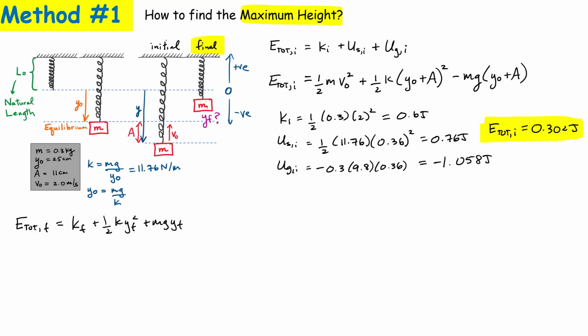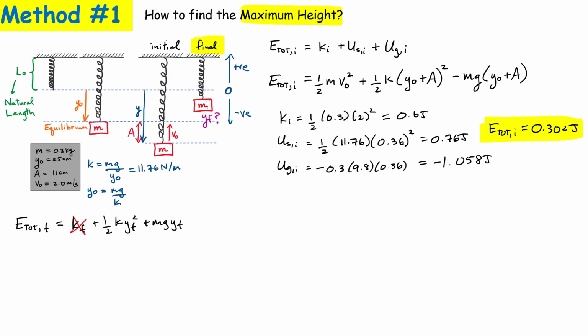I don't know if it's going to be above or below this initial starting point, so I'm just going to write it like this. Now, at the maximum height, we should realize that the speed is 0, so there is no final kinetic energy. So all we're left with then is to solve this equation for y final.